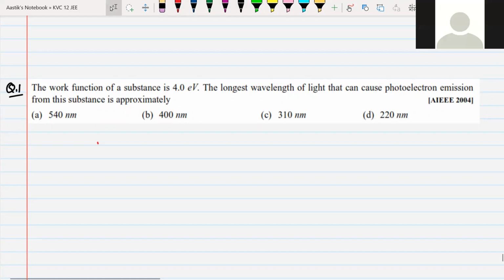The work function of a substance is 4 electron volt. What is the longest wavelength of light that can produce photoelectron emission, approximately?